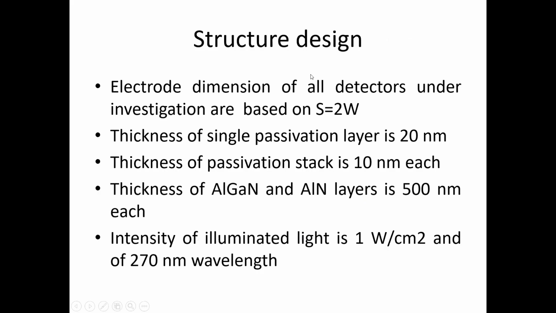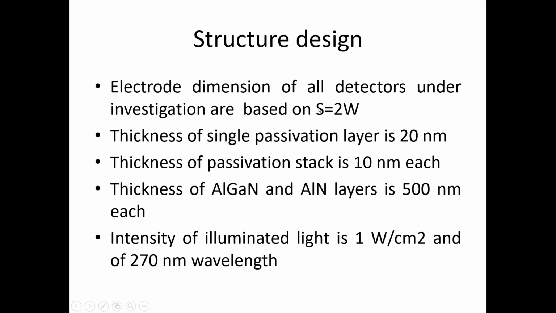Other features of the structure design are mentioned in this slide. The electrode dimensions play a very important role in the functioning of the detector. To utilize the electrode dimensions in a good manner, just to decrease the dark current, we have utilized double spacing as compared to the width of the metal electrodes.